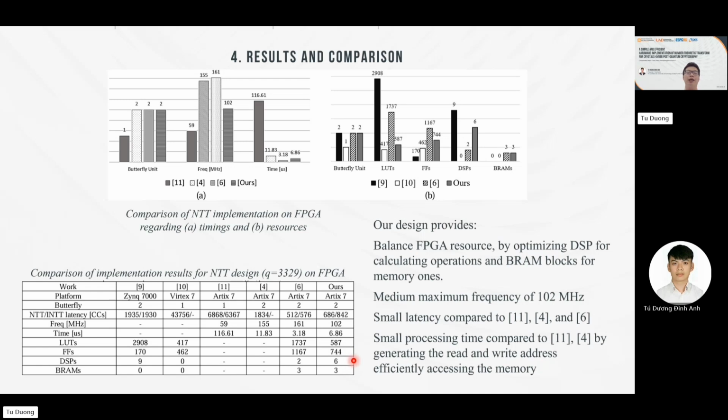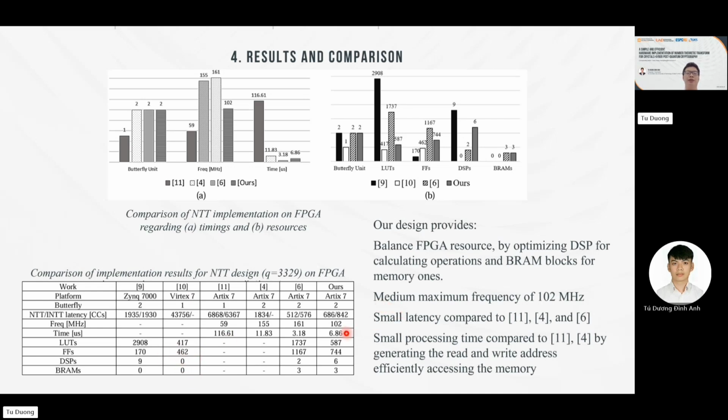That's why when we compare to work number 9 or work number 10, they don't have the balance in the FPGA results. Because we use the DSP and the BRAM, we reduce our use of lookup tables and flip-flops. Whereas in number 9, the lookup table usage is very high. Or in work number 10, they don't even utilize the DSP and the BRAM of the FPGA.